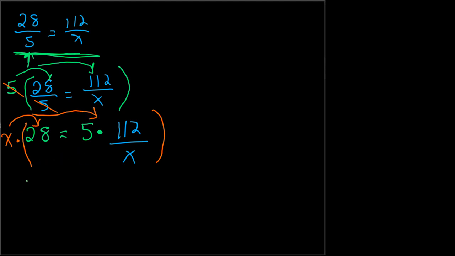For here, it's going to give me 28 times x is equal to, well, the x is on this other side here. When it comes across to here, it is going to cancel the one that's trying to come across. And that's going to leave me with the 5 times the 112 upstairs.